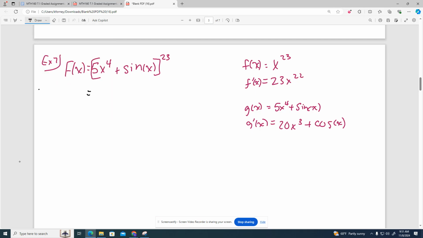So we take the derivative of f, and that's going to be 23 parentheses to the 22nd. Inside the parentheses, you put the g of x, and you multiply that by 20x cubed plus cosine x. And if you leave it like that, that is fine.